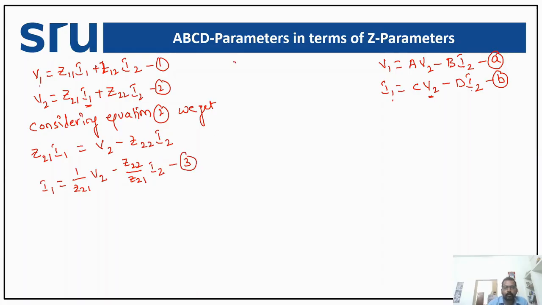Compare equation 3 with B. We get C equal to 1 by Z21 and D is equal to Z22 by Z21.